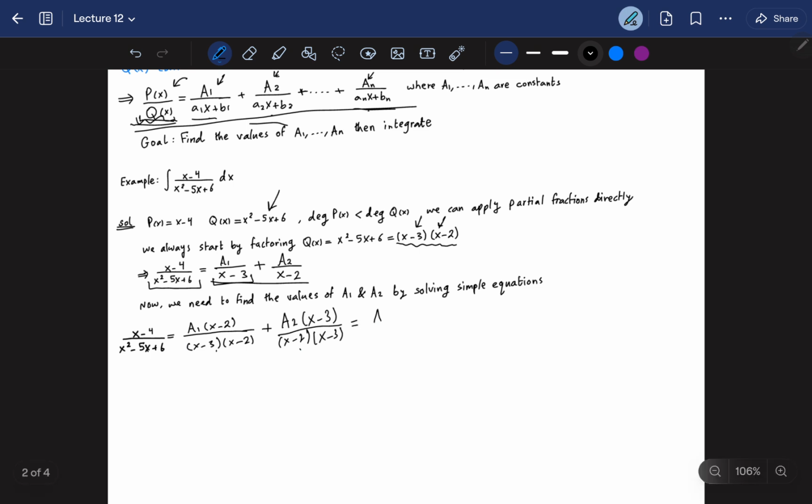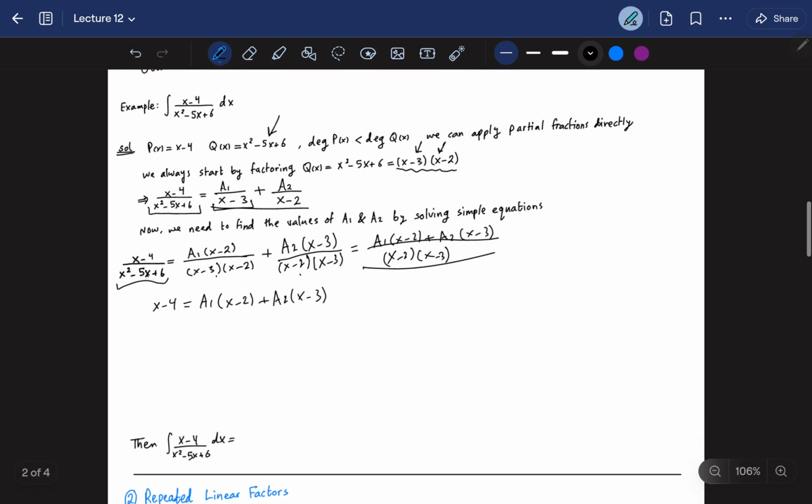So now, if I want to combine this, I have two fractions with the same denominator. This means that my numerators are equal. So I'm going to have x minus 4 is equal to a1 times (x minus 2) plus a2 times (x minus 3). And that's it.